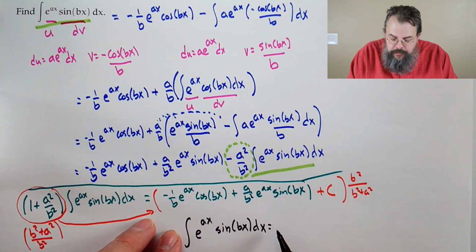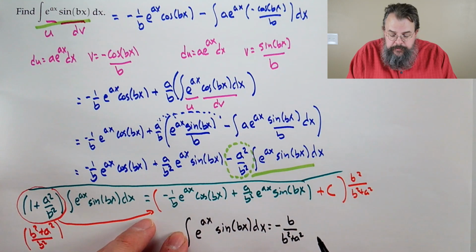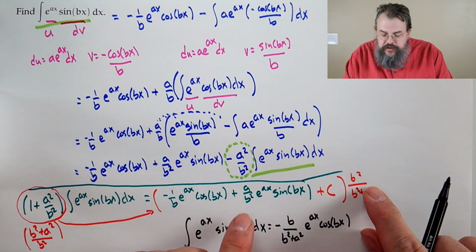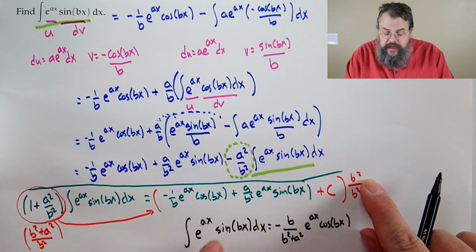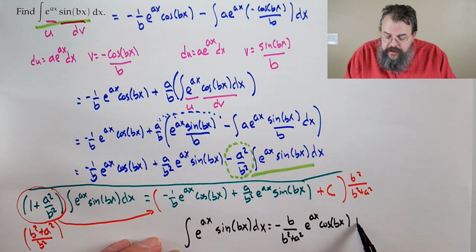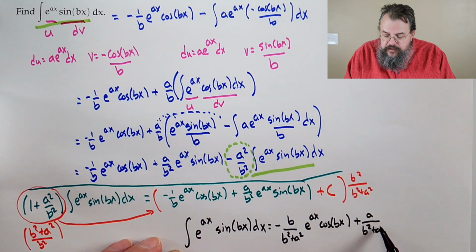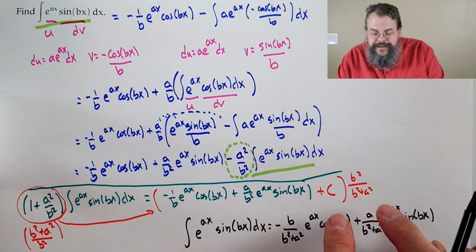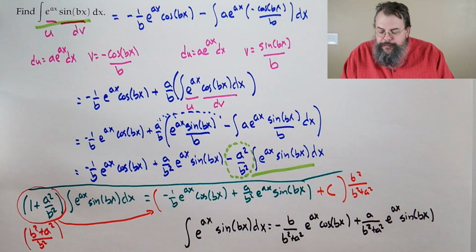So that'll be a minus b divided by b squared plus a squared times e to the ax cosine of bx. Now, when we come to this term, notice that the b squareds completely cancel. So we're going to get a plus a over b squared plus a squared e to the ax sine of bx.